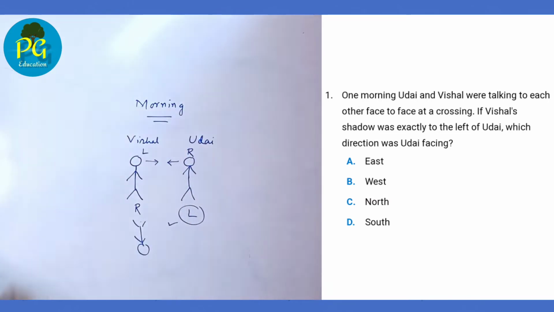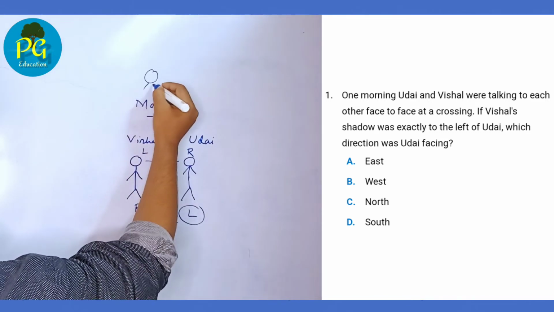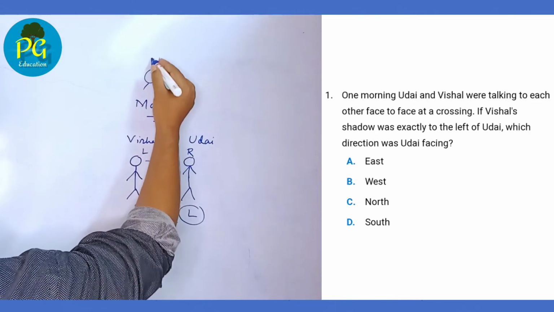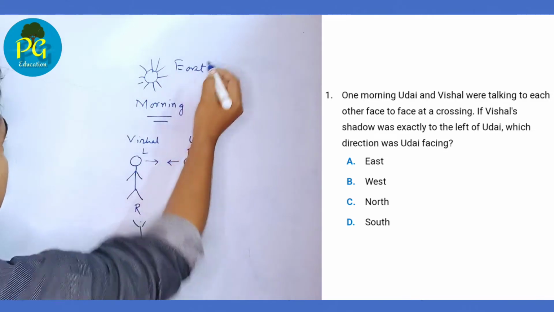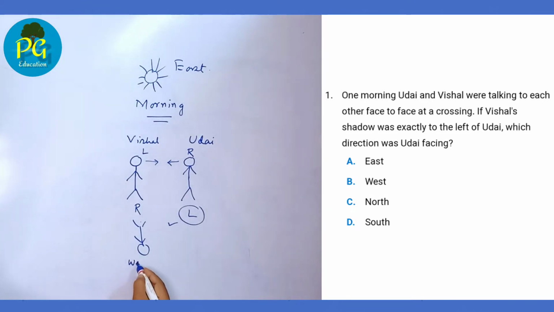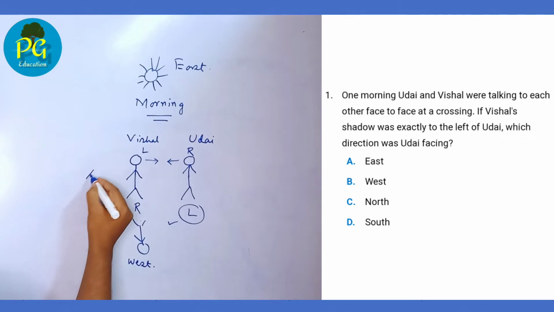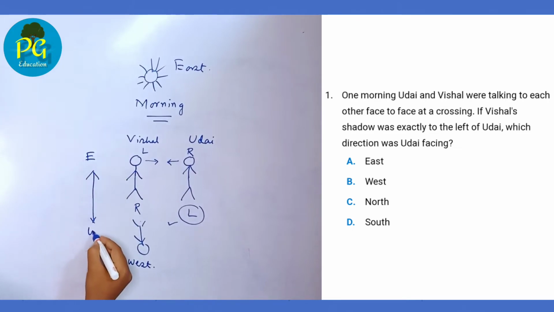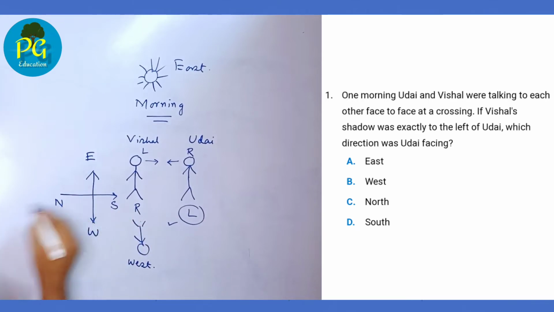And we all know that in the morning, sun remains in the east. So this is east and the shadow is at west. So according to this diagram, this side is east, this is west, so obviously this is south and this is north.